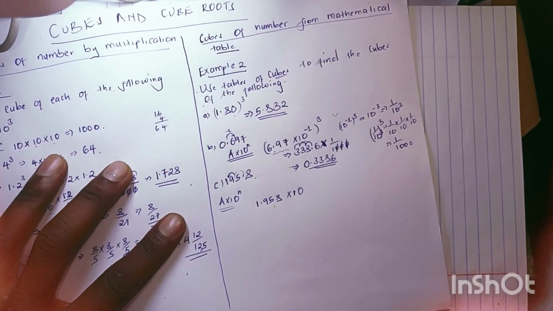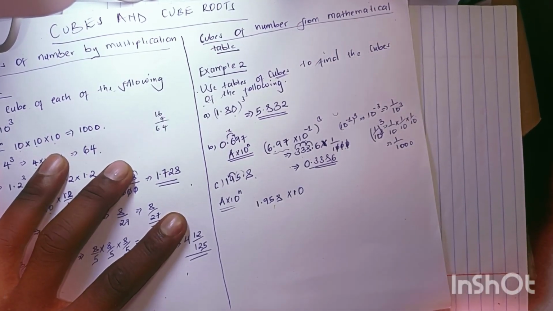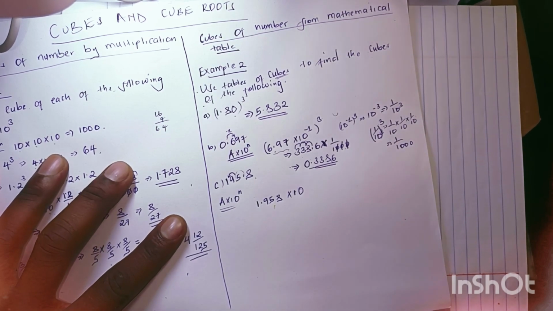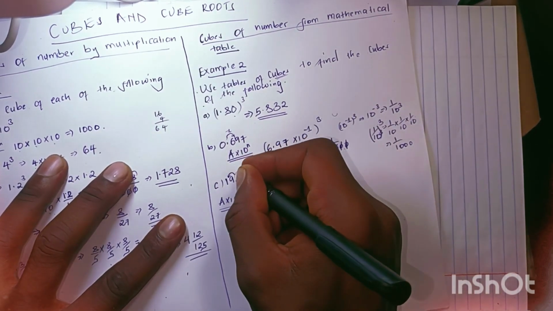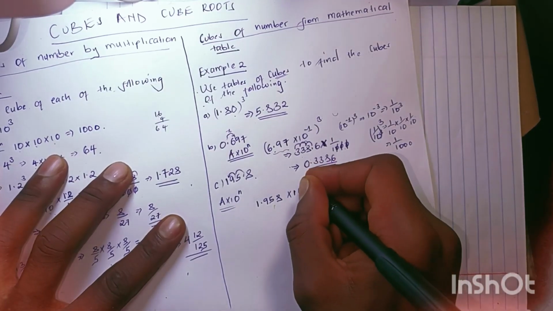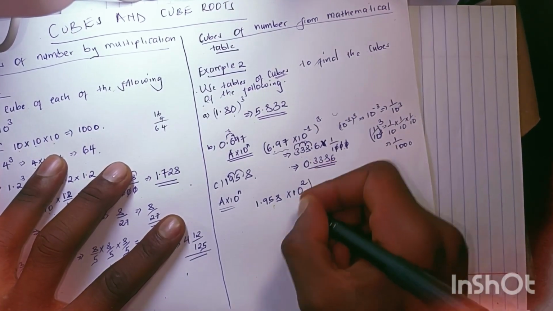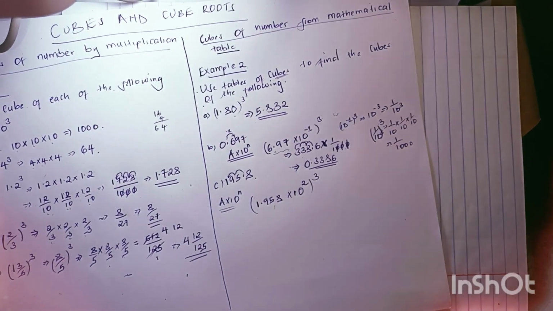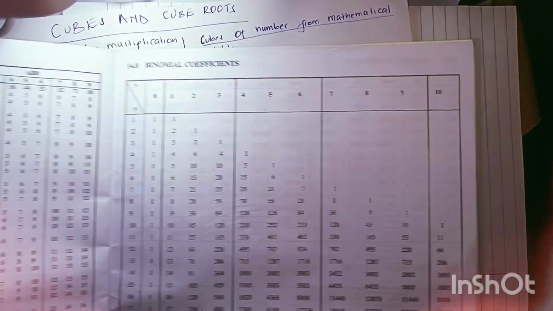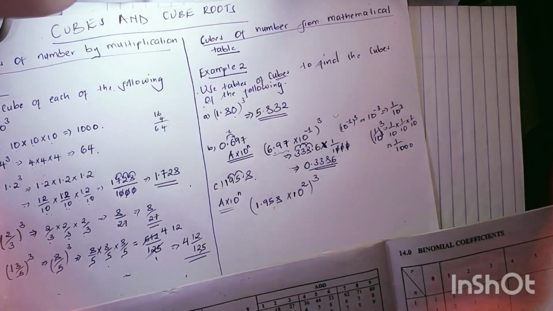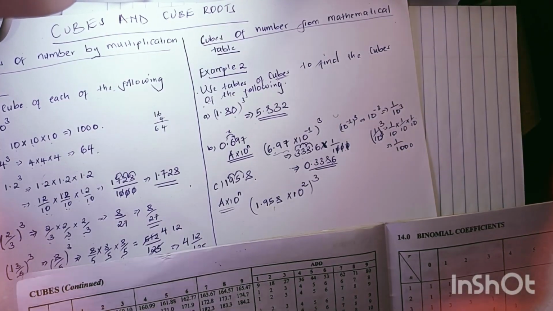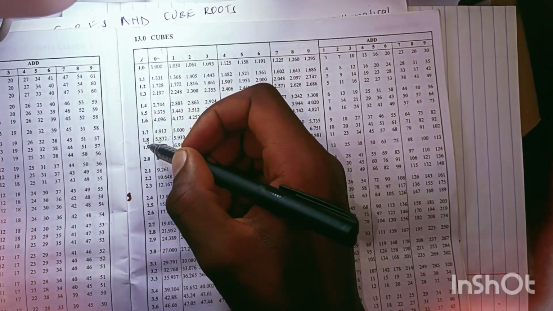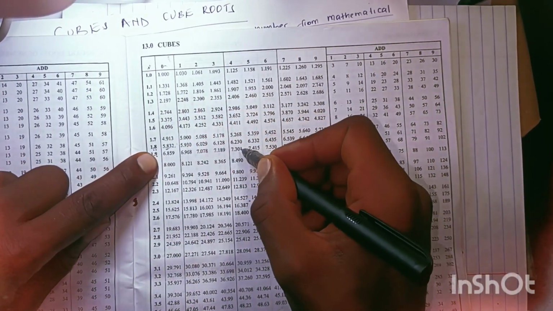And remember, they are positive steps. When you move to the left, you are making positive steps. When you move to the right, you are making negative steps. So I'm moving to the left, so I made 2 positive steps. Then after that, I cube, because we want to find the cube from the table. Then I'll go to my table and read 1.958. So I'll go to 1.9 here, then 5.